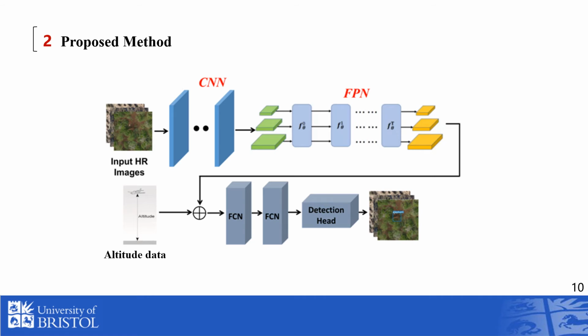We get a feature map, which needs to be flattened into a line vector, and then we concatenate our altitude data to the end of this feature vector to form a new final feature representation. Then we pass this new feature map through two fully connected layers and then to the detection head, so that we get the final result.